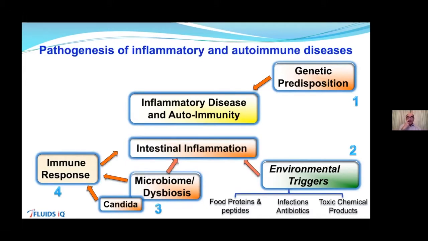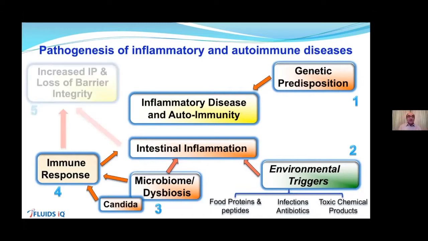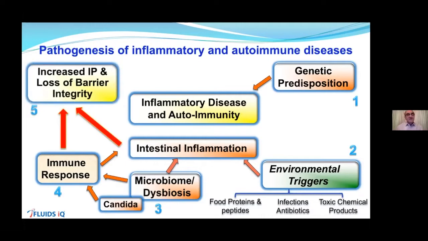And all of that leads to intestinal inflammation in and of itself, which is the localized or regional phenomenon in the gut. And that in turn will lead to, in many cases, an increase in intestinal permeability, and with that, the loss of a normal integrity of the barrier.